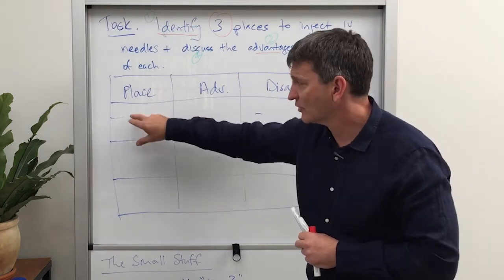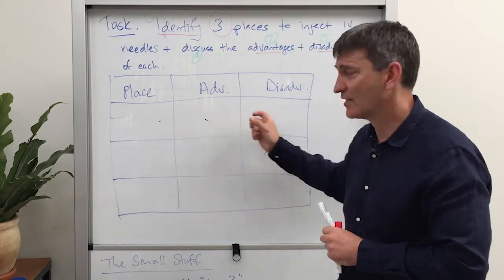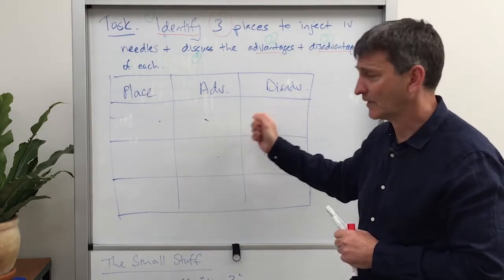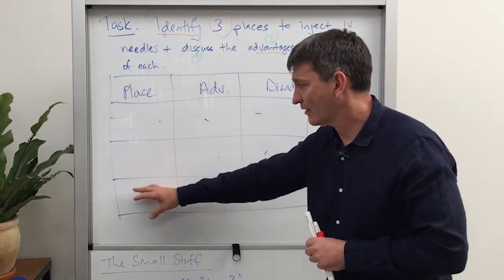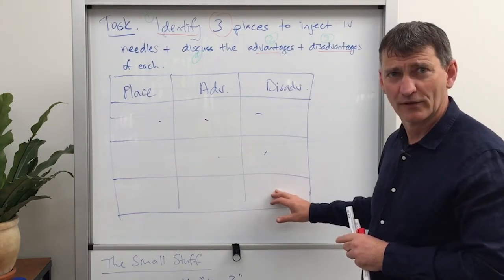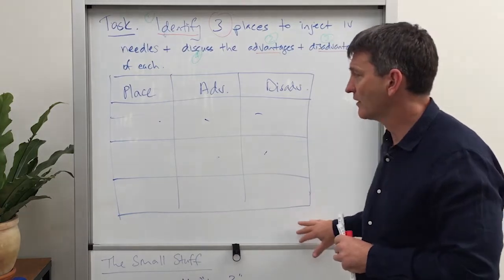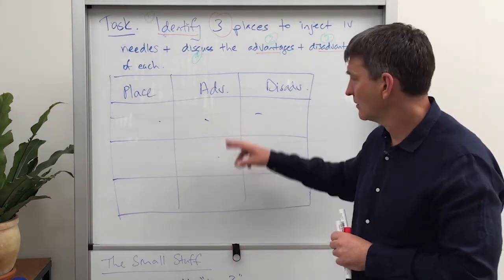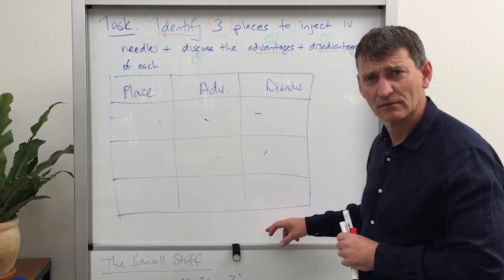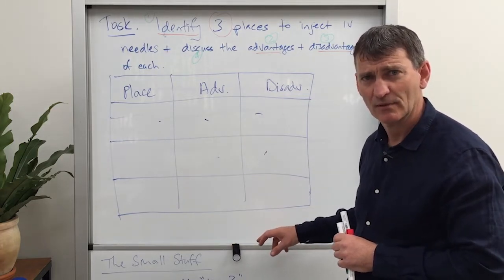Our second paragraph could be about first place and what its advantages and disadvantages are. Our third paragraph could be about the second place. Our fourth paragraph could be about the third place. And our conclusion paragraph could be basically saying on merits, which is the best.